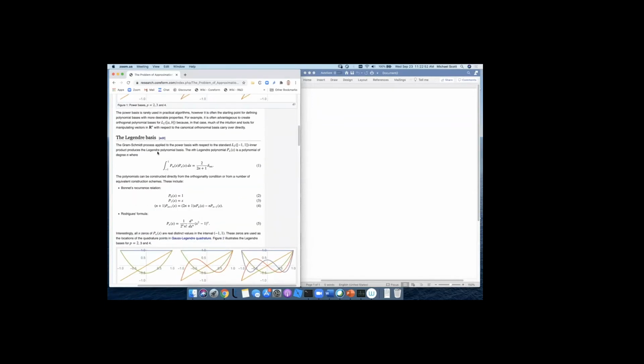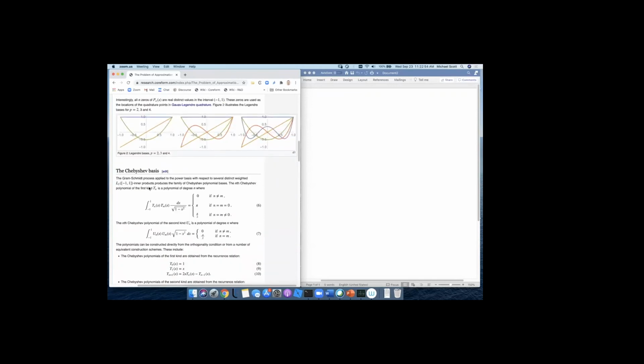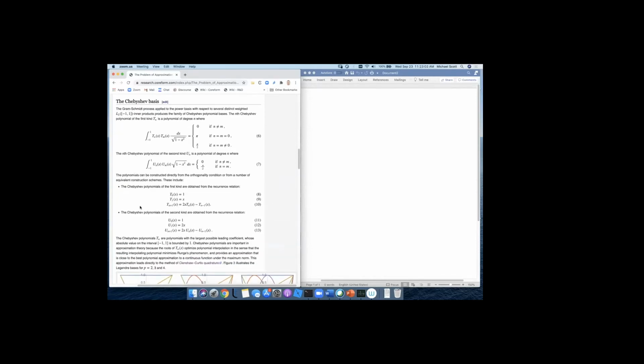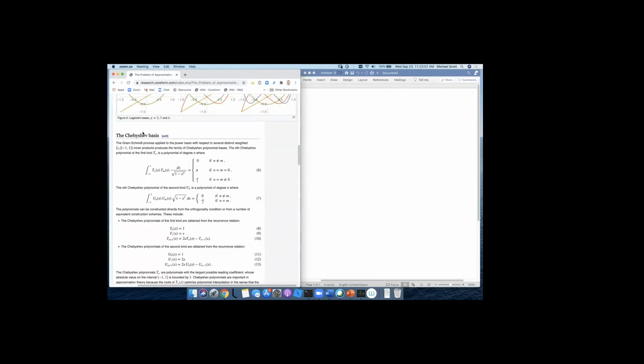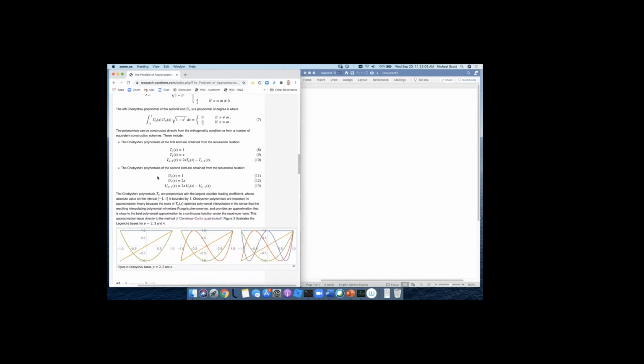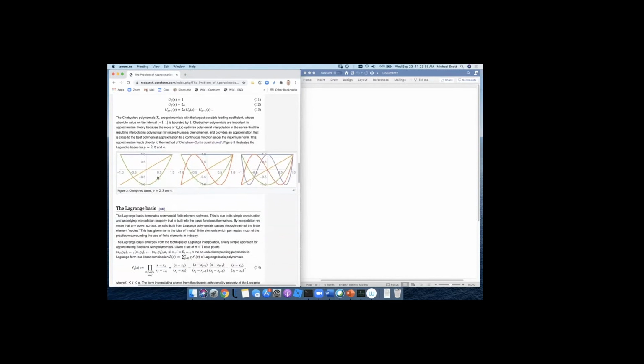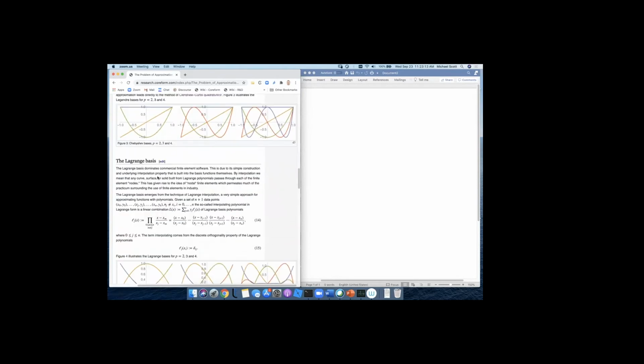Legendre and Chebyshev are probably the most famous. There are others, there's a whole family of them. I'll show you a little bit later why orthogonal bases are valuable from a finite element point of view, but let me come back to that point later.